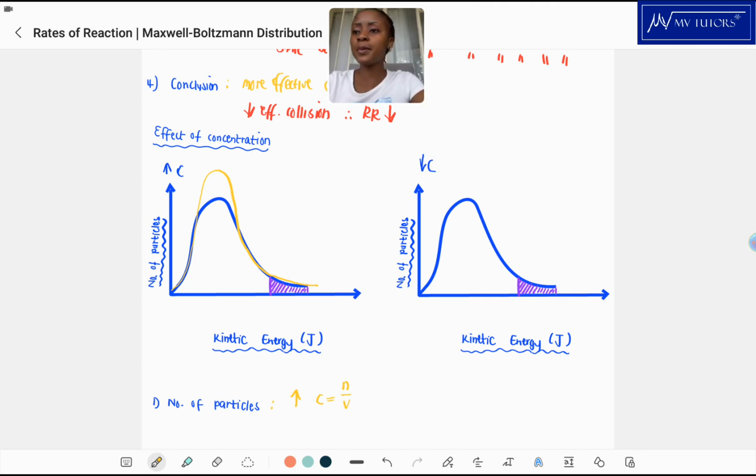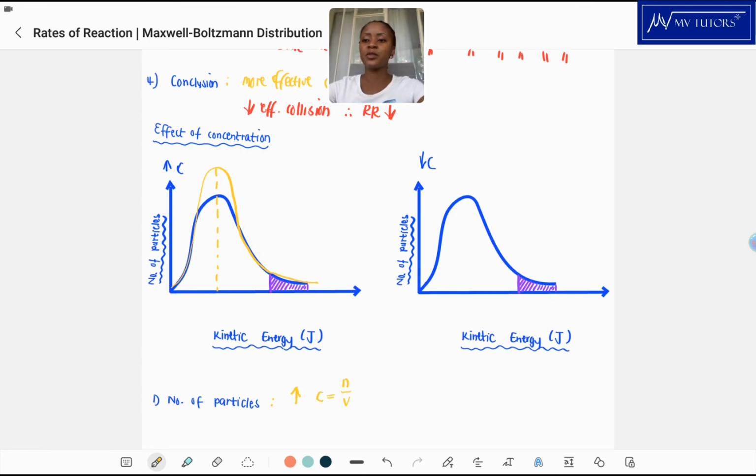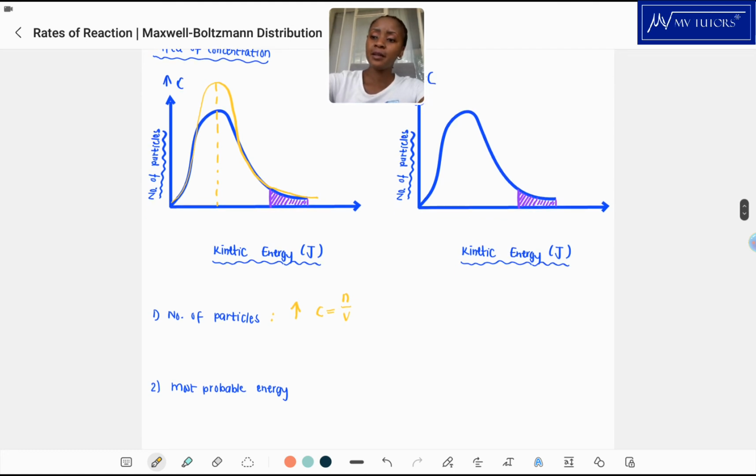So your most probable energy stays the same. That doesn't change whether you increase or decrease the concentration. But obviously the number of particles that have the most probable energy has increased.